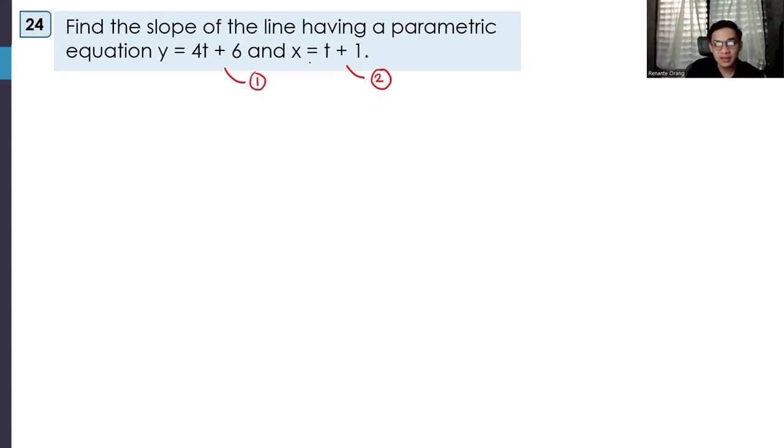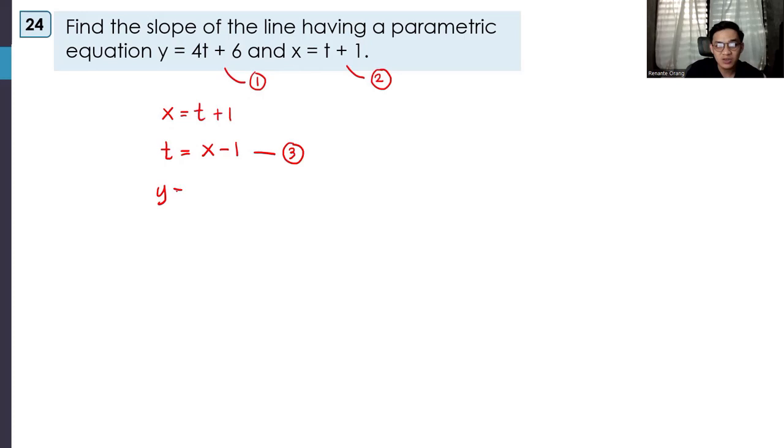So, again, i-rearrange natin to, magiging x is equivalent to t plus 1. Lagay natin to sa kabila, magiging t is equivalent to x minus 1. So, ang ginawa ko lang po, etong plus 1, transfer to the other side, magiging negative 1, and then swap. Tapos, etong equation number 3 natin na nagawa is i-substitute natin kay equation number 1.